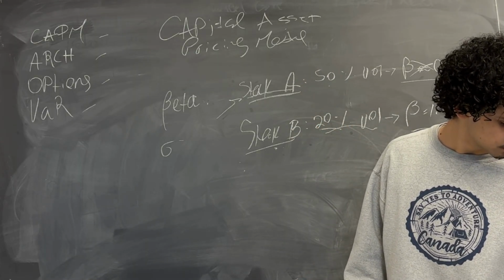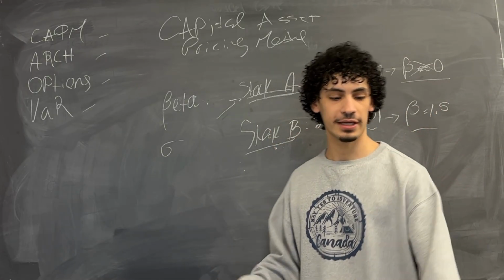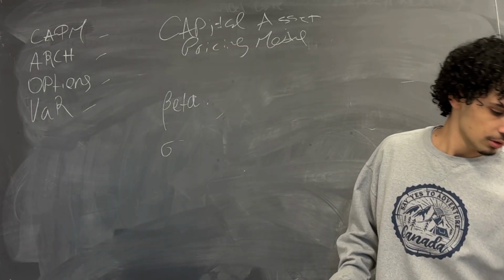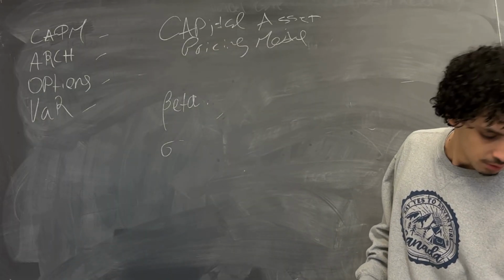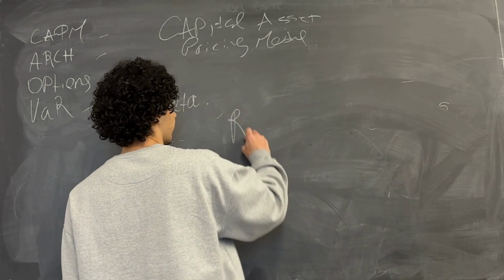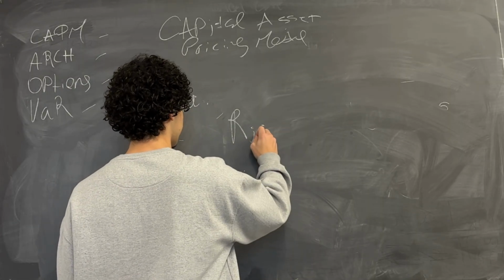I'd like to show. Okay, so when you test the CAPM model against something, you test the return of stock J at some time.